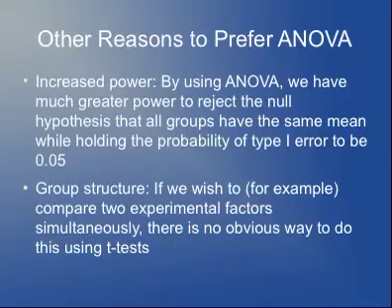We'll discuss this in much more detail on Friday, but for the time being, it suffices to say that if you have multiple categorical variables, and you want to test the null hypothesis that none of them are associated with this continuous outcome, there's no simple way to do it using t-tests, but it's easy to do using ANOVA.